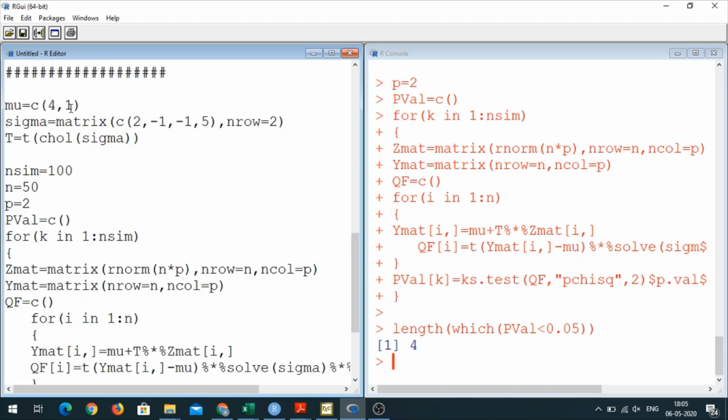Okay, so mu is 4. So let me take, and sigma is 2 here and 5 here. So here the standard deviation is square root of 2, so 1.4.